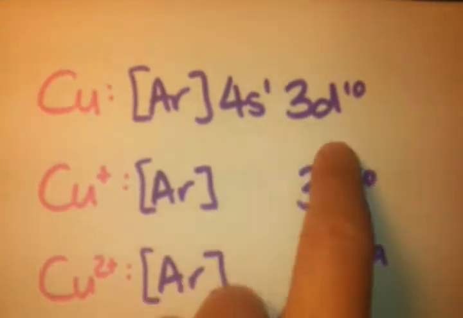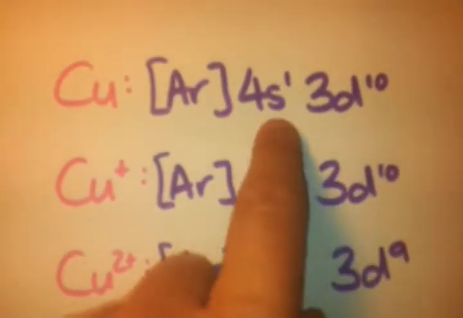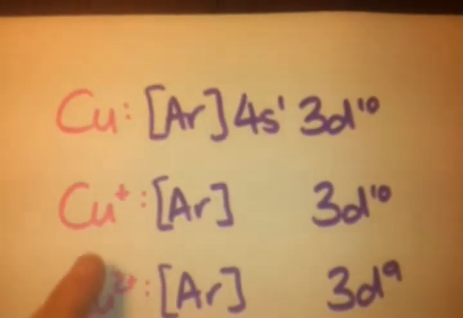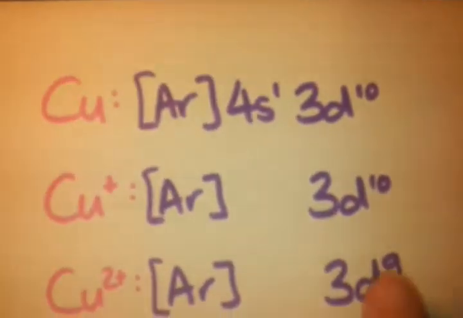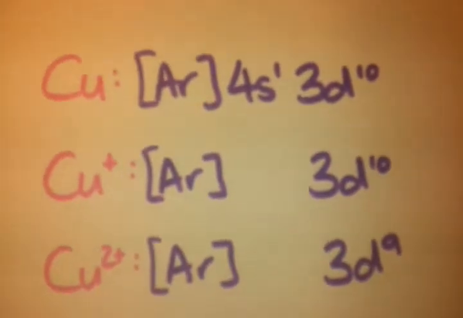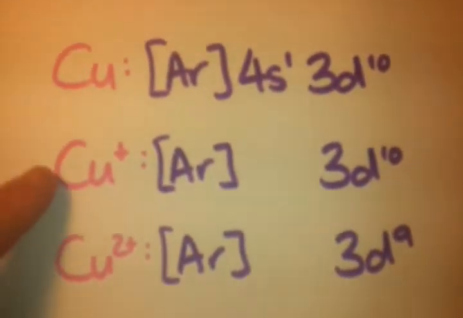Copper is argon, then 4s1, 3d10. Again, 3d10 because this is full, and that's not a lot less stable than 4s2. So to become the copper plus ion, it loses the 4s1 electron to become 3d10. Now you don't need to know why that is less stable than the Cu2 plus ion, but for some reason it is.